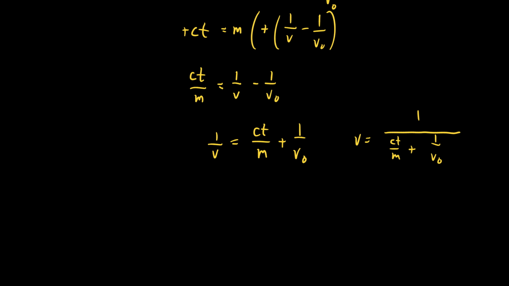Can I suggest a different way of doing your functional dependence? If you're going to have to invert something that's already a couple of maybe complex fractions, I would strongly encourage you to get common denominators first and treat it as a single fraction. So that's what I want to do next. I want to get common denominators.